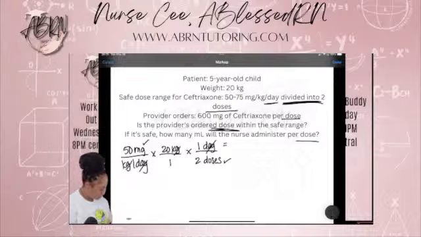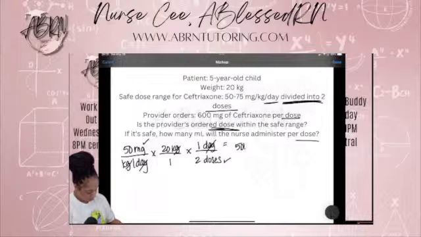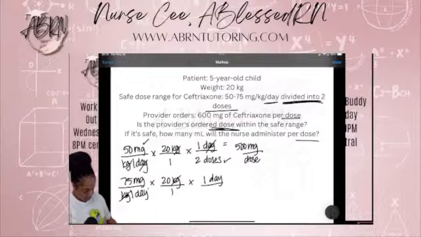So we'll do 50 times 20 divided by 2, right? So I got 500 milligrams. So that's per dose. That's the minimum they can have, all right? And so now we need to find out the maximum. So 75 milligrams per kilogram per day times 20 kilograms times 1 day is 2 doses.